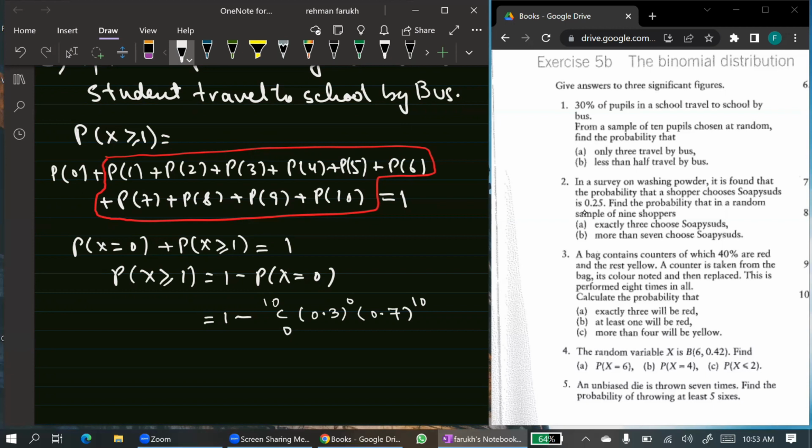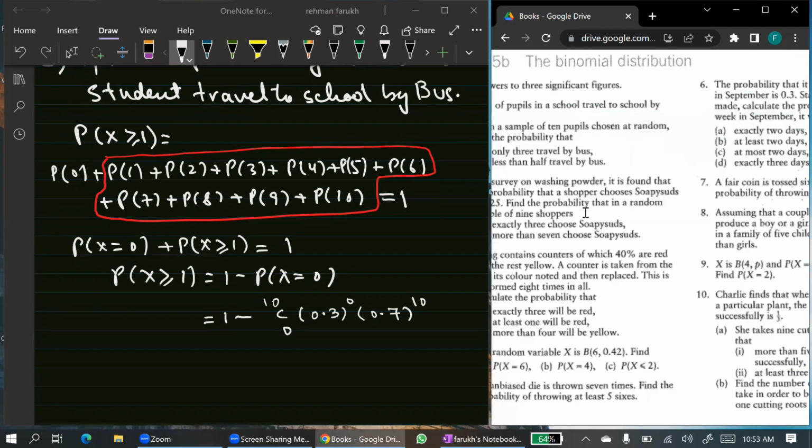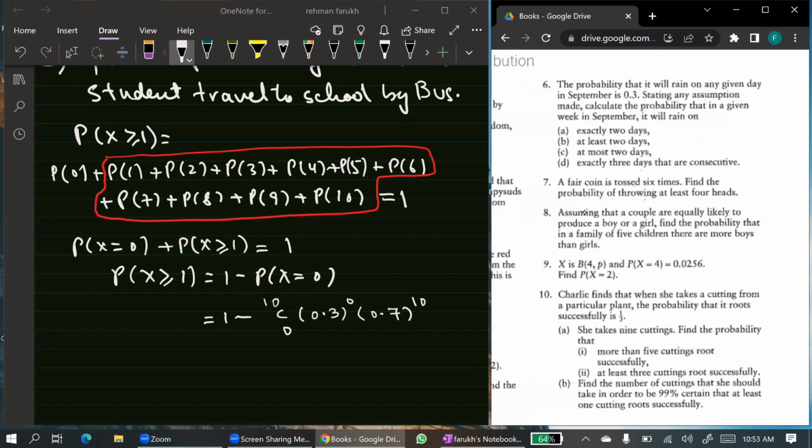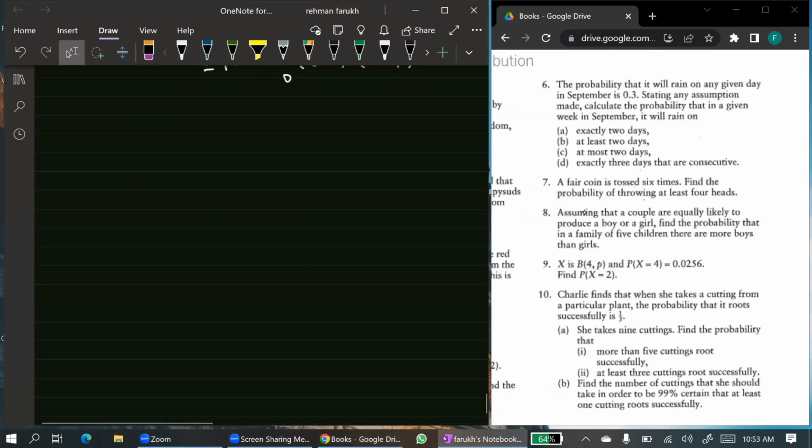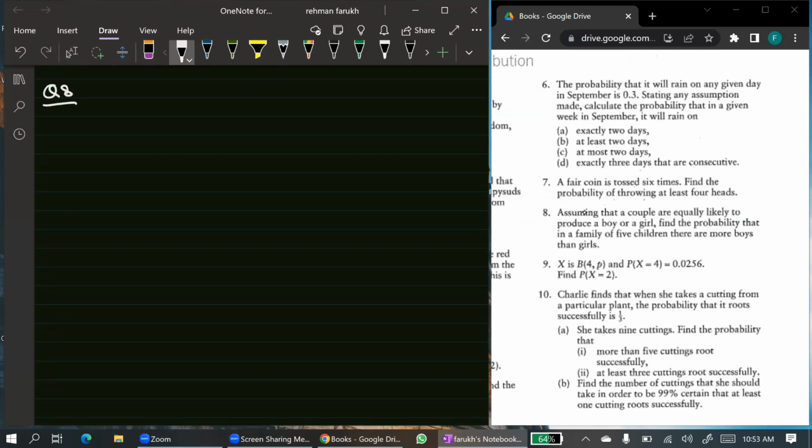Now, question number 8. Question number 8 is, assuming that a couple are equally likely to produce a boy or a girl, find the probability that in a family of 5 children, there are more boys than girls.